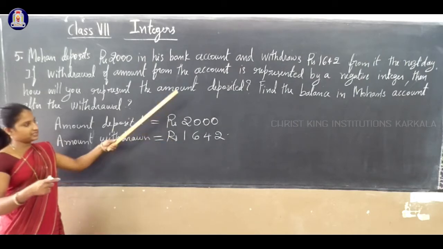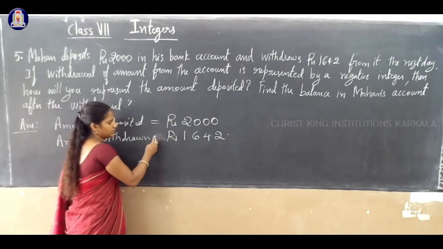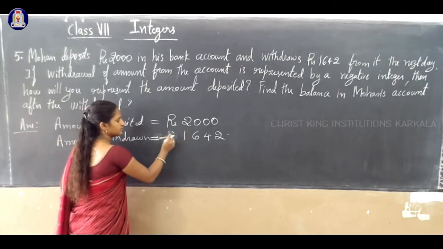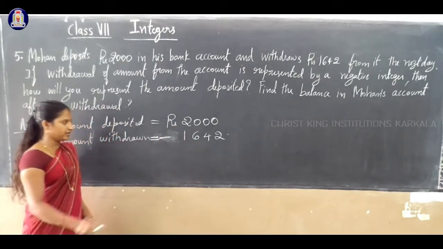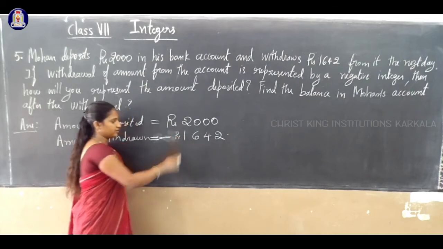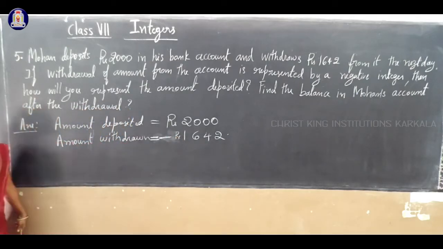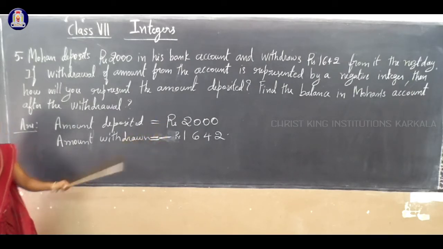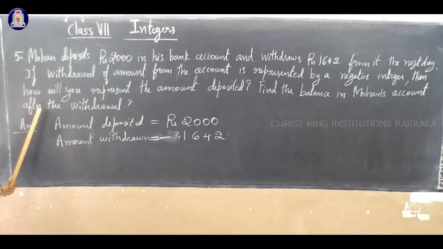Withdrawal is represented by negatives, right? So we can write here minus 1642 rupees. Deposit we represent by sign plus, and here the sign is minus. Clear? So now we need to find the balance in Mohan's account after the withdrawal.